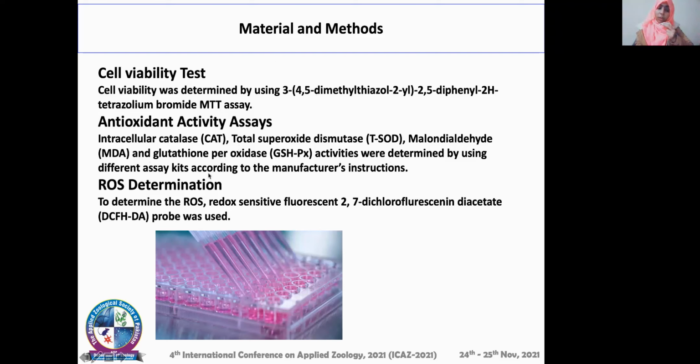We determined all these enzyme activities by using different kits according to the manufacturer's instructions. Further, we determined the reactive oxygen species, and for this, we used a redox sensitive fluorescent probe, 2,7-dichlorofluorescein diacetate, which is known as the DCFH-DA probe.